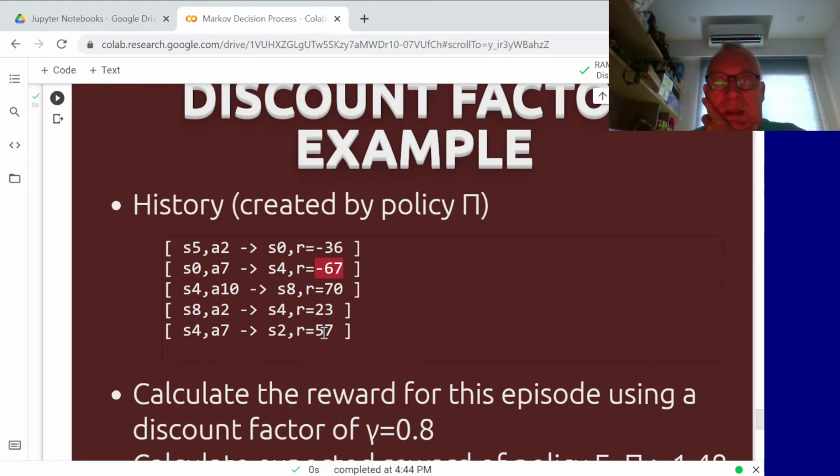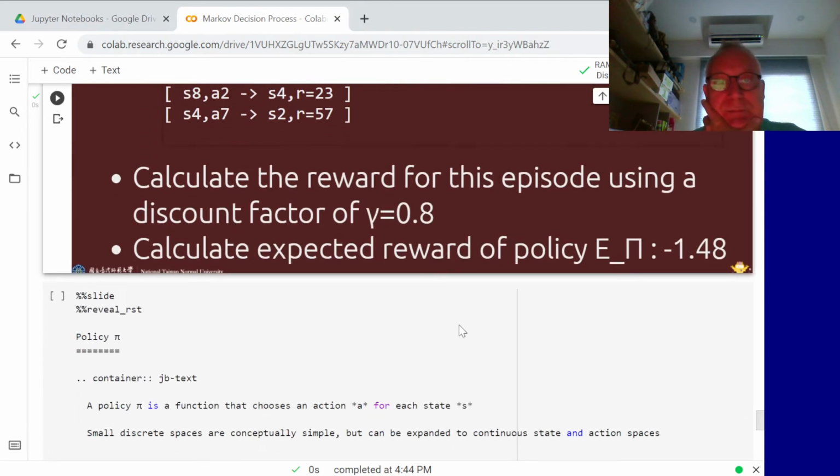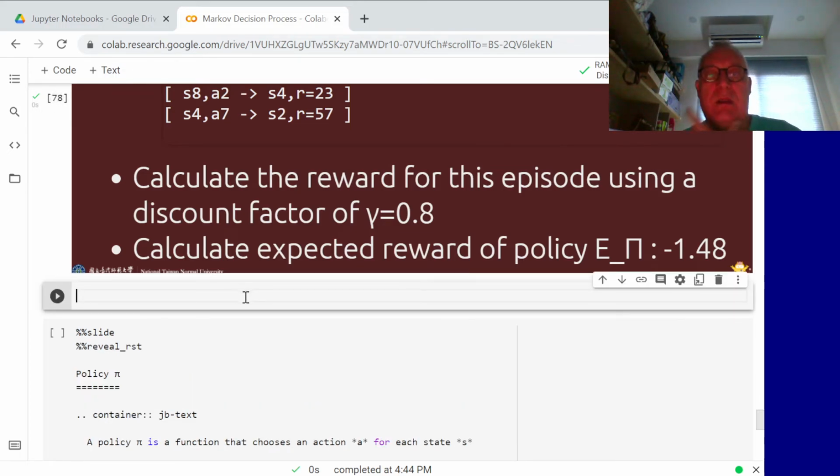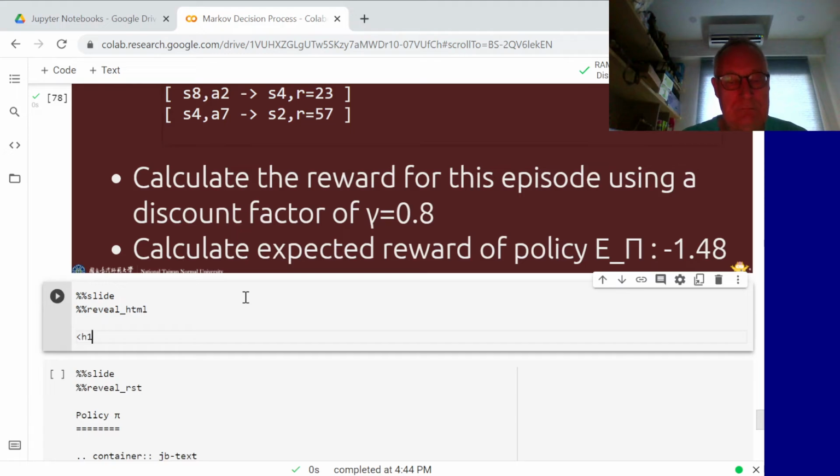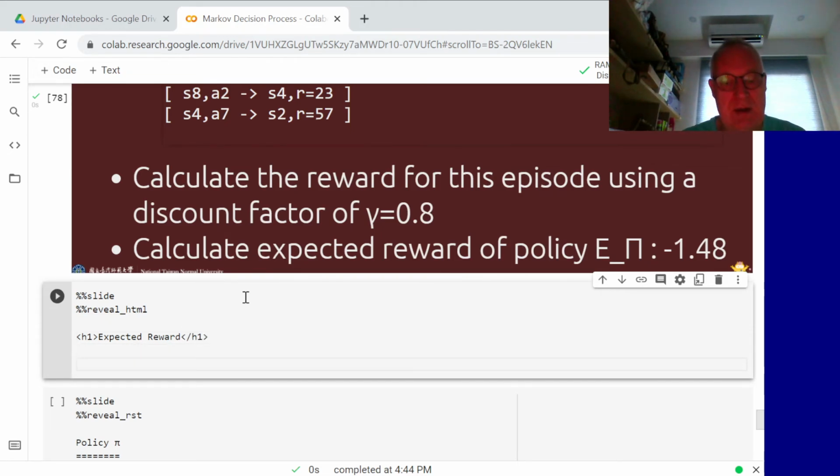So their value will be discounted for the current state. So now that would be one history. If I have multiple histories, that's why we calculate the expected reward. Because we run this not just one time, but we run the experiment many, many times.